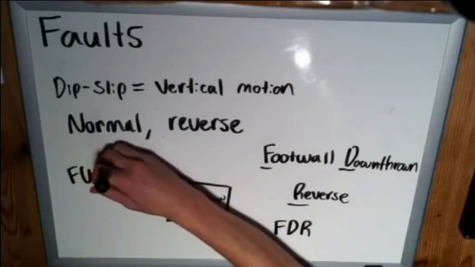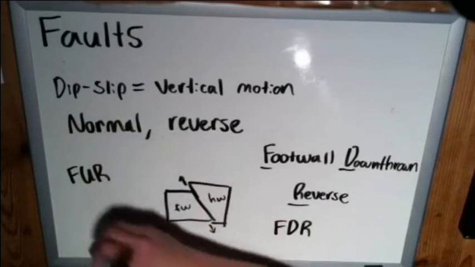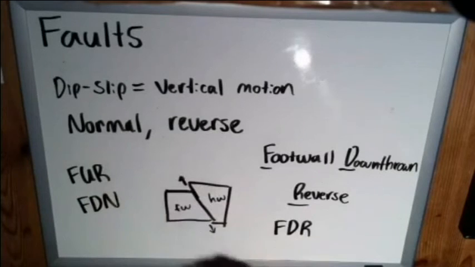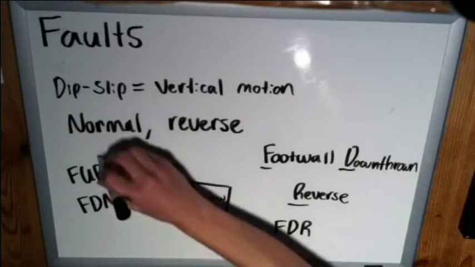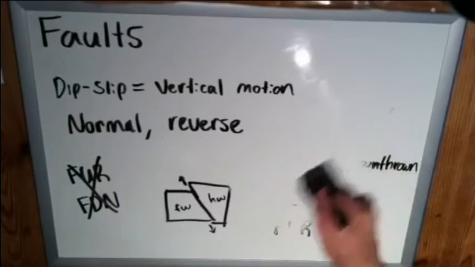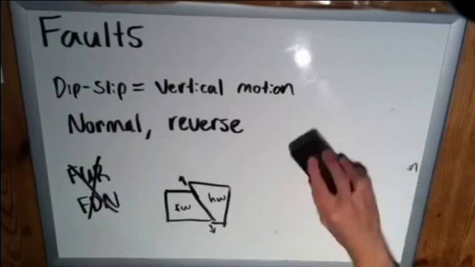If it were footwall up throw reverse, you get fur, but then footwall down throw normal, you get FDN, which I'm sure there's something somewhere that can be abbreviated as FDN, but you know, fun and FDR are much more recognizable, so remember that. And those are our two types of dip slip faults.